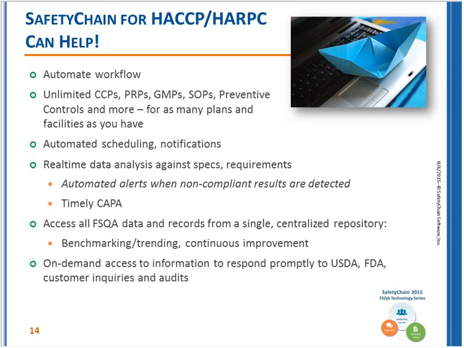All records are time and date stamped, and all records are uploaded into this central repository of FSQA data for benchmarking, trending, continuous improvement, and then you've got on-demand access to that information for customer inquiries, for audits, and of course for your USDA and FDA inspections and inquiries.